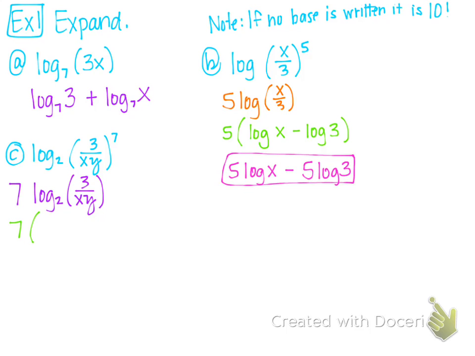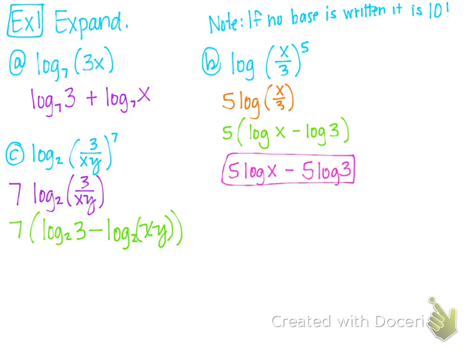We have 7 times log base 2 of the numerator, which is 3, minus log base 2 of the denominator, which is xy. So I'm going to put those in parentheses just so I understand that I'm taking the log of both x and y, the product of it. Then I'm going to close my parentheses here.